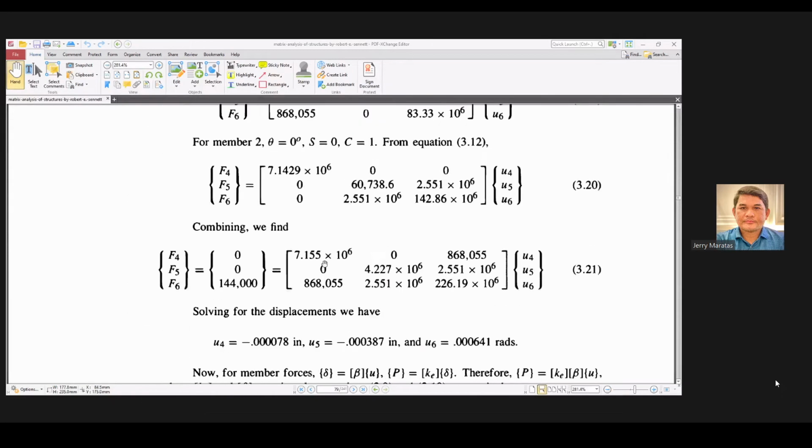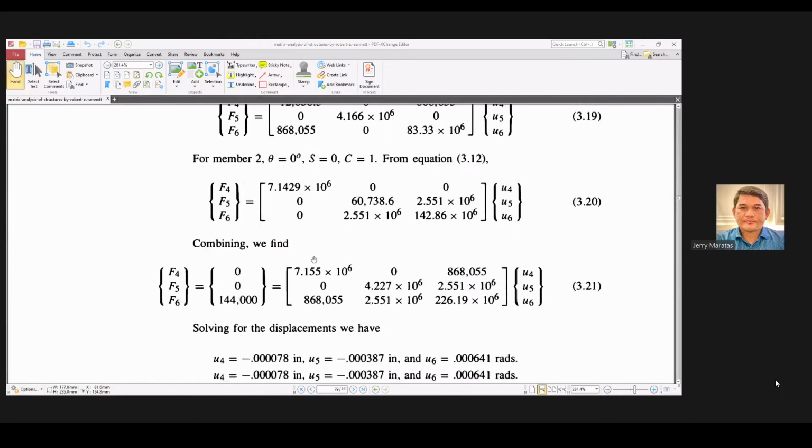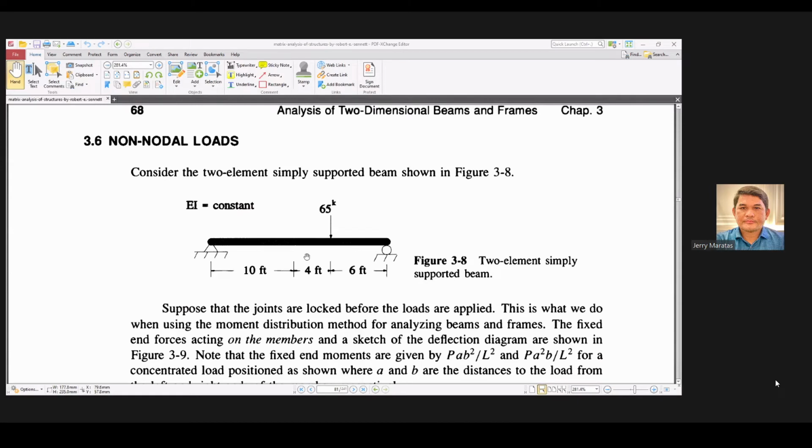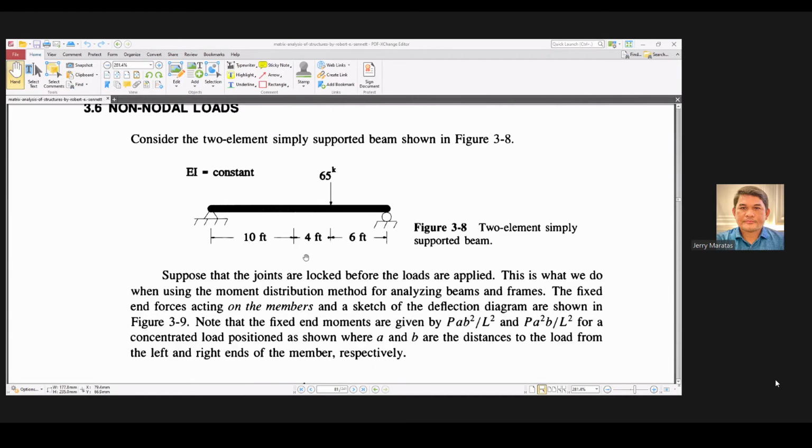And next for the element, let's try another example. In our previous example, actually you don't need to consider a load actually on the applied force.